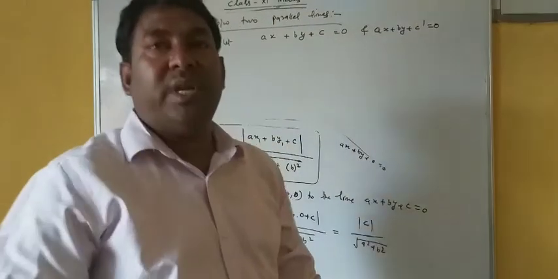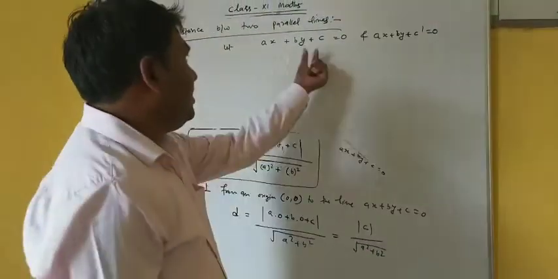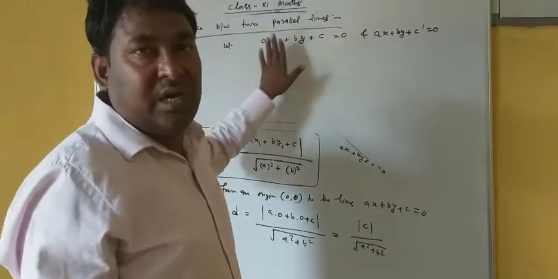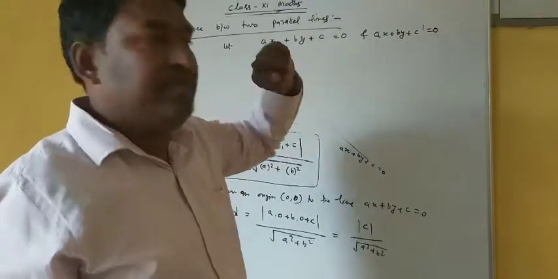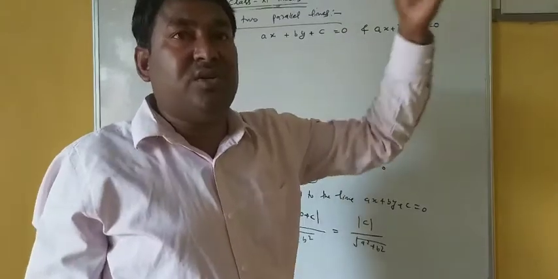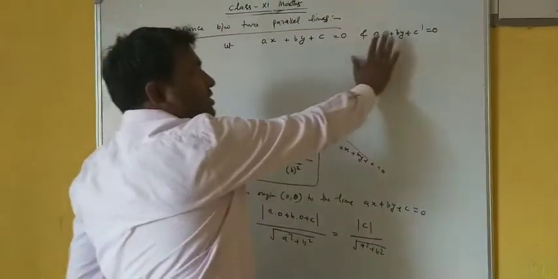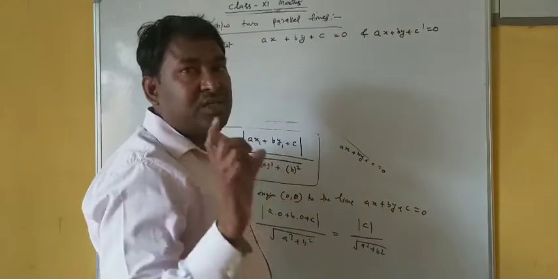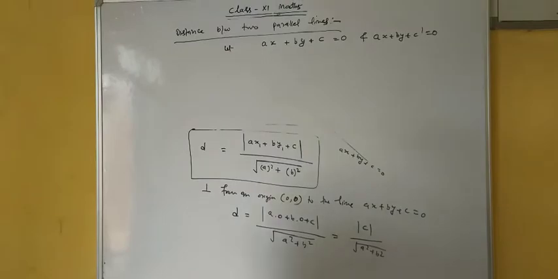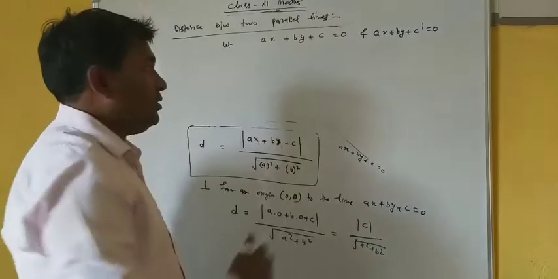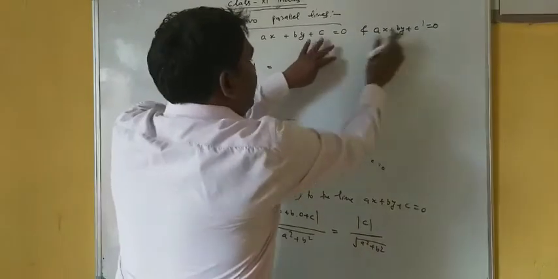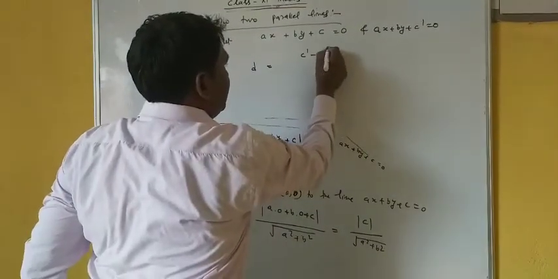As you know, two lines are said to be parallel if their x coefficients and y coefficients are either equal or in the same proportion, meaning there is a difference only in their constant terms. So let these two lines be parallel lines. Then the distance between them will be calculated by the difference between their constant terms, |c dash minus c|.